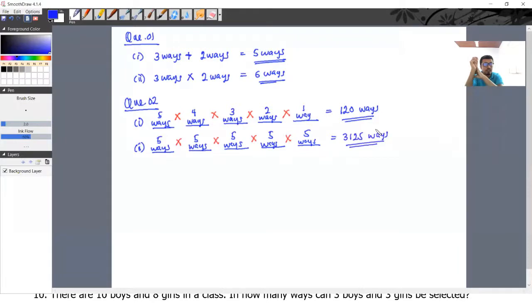We can form 3125 different numbers using those 5 digits if the repetition is allowed.